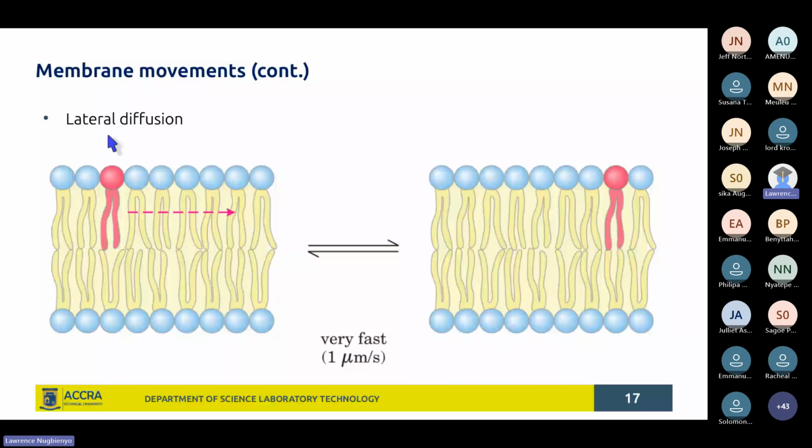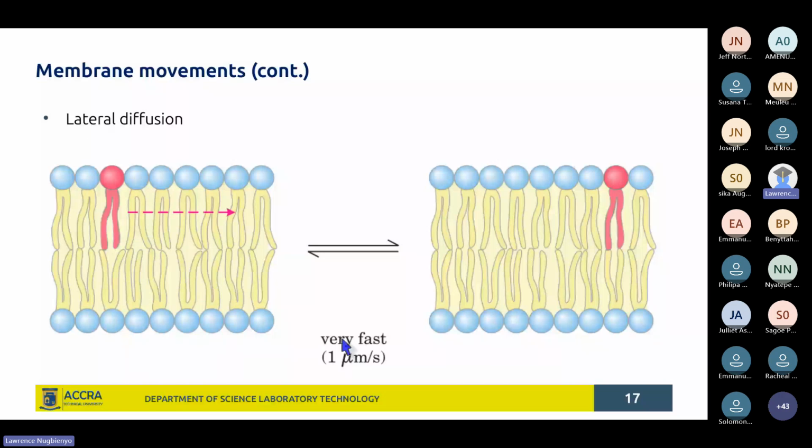So it's a very fast movement which occurs. In fact, the membrane, as fluid as it can be, you have lots of these lipids which can easily be moving in the monolayer, and so you have such lateral diffusion occurring, and you can see this is very fast.